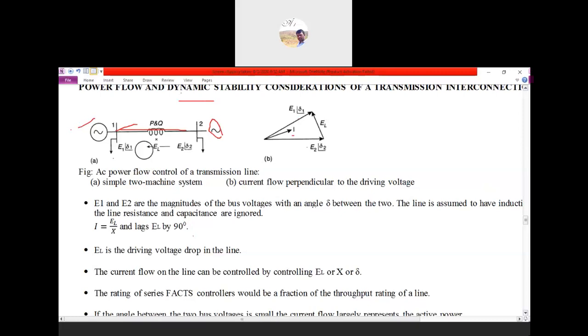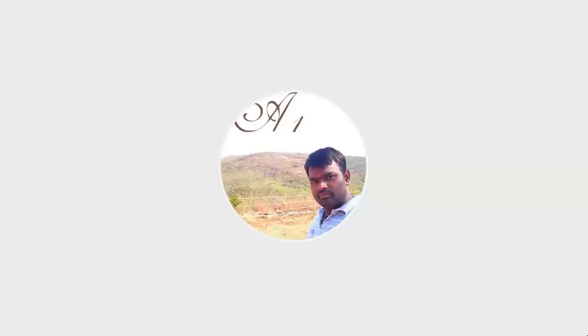You can see the transient, dynamic and steady state stability.